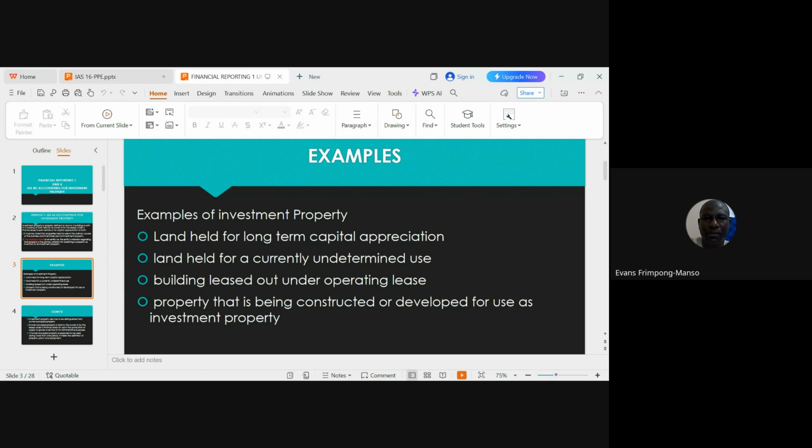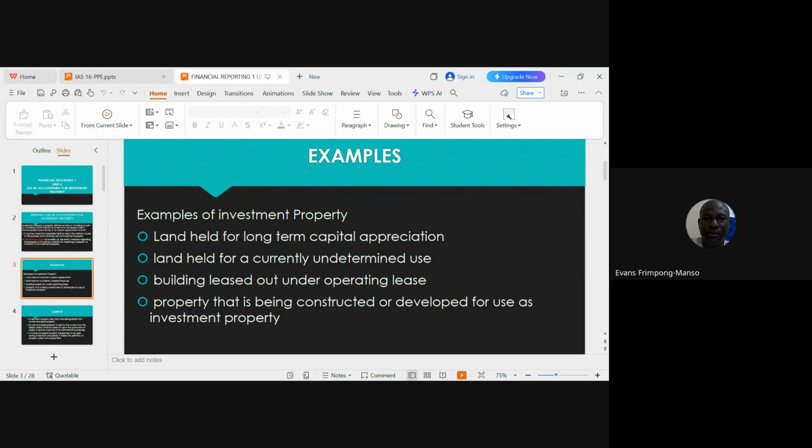Now, what's an operating lease? An operating lease is a type of lease in which the lessor, meaning the one giving out the property, will retain substantially all the risks and rewards of ownership of the assets. So you could see that the opposite of a finance lease is the operating lease.